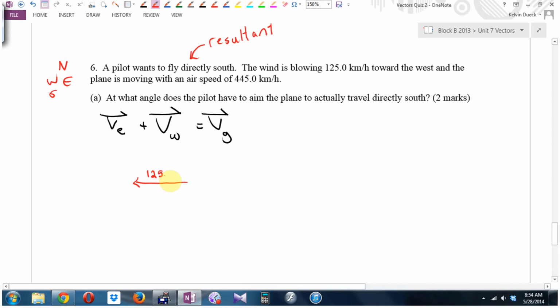I know the resultant. Not how big, but I know the direction. I don't know what the engine velocity is going to look like. How could I get the engine velocity by itself? In this equation, how would I get the engine velocity by itself?